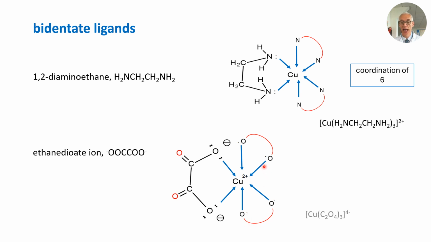So again, we have a formula where we've got copper, 3 ethane dioate ions, each at 2-, copper's at 2+. So the overall ion charge is 4-. The coordination number is 6. 1, 2, 3, 4, 5, 6 bonds.